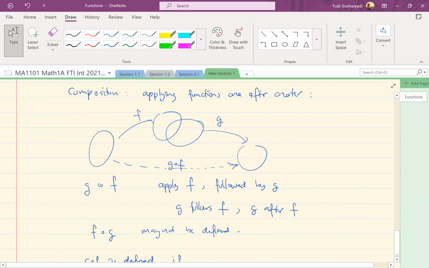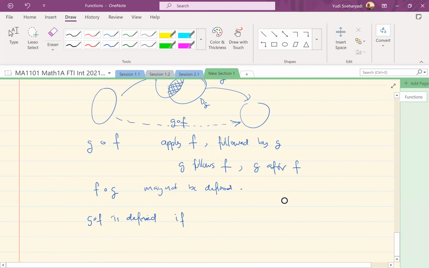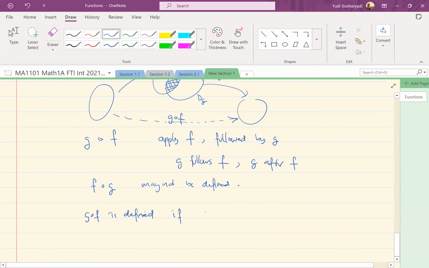You see, this is the range of f. This is the domain of g. It works if you have an intersection. So just from the picture, you see that the range of f and the domain of g must not be empty.